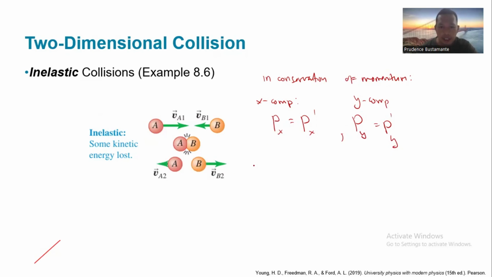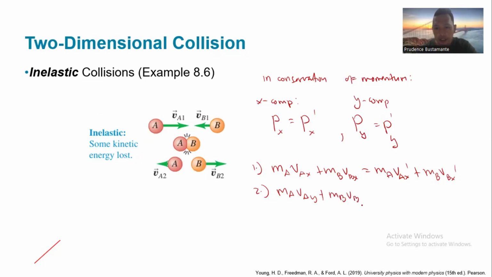So meaning we can use, for example, ma vax plus mb vbx is equal to ma vax prime plus mb vbx prime, and in the y component, ma vay plus mb vby is equal to ma vay prime plus mb vby prime. Okay, so that's for the two-dimensional collisions.